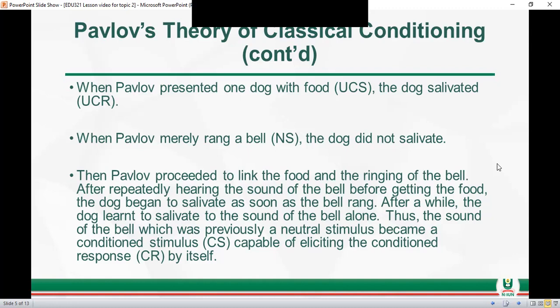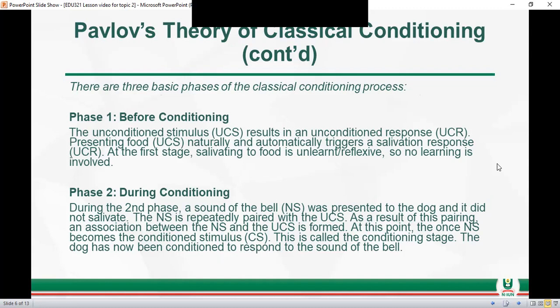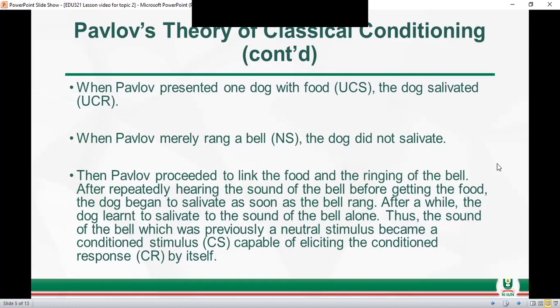Let's take a look at how classical conditioning works. We are still on this slide. Pavlov, like I said, decided to conduct an experiment in line with his observation. He presented food to one of his dogs, and the dog salivated, which is natural.